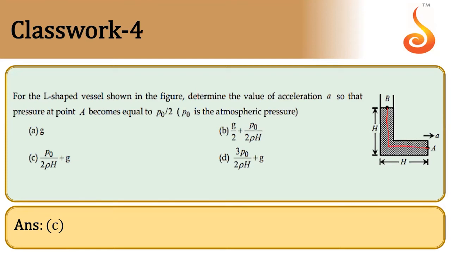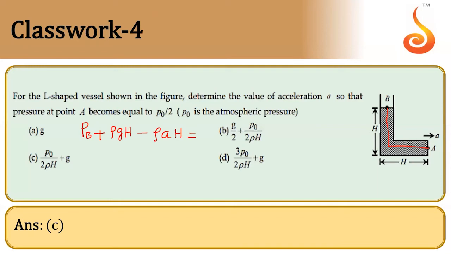Yesterday I gave that. Start your journey at point B. Say the pressure at point B is PB. You are going down, plus rho GH. And you are in the horizontal line, traveling in the direction of acceleration, so minus rho AH.